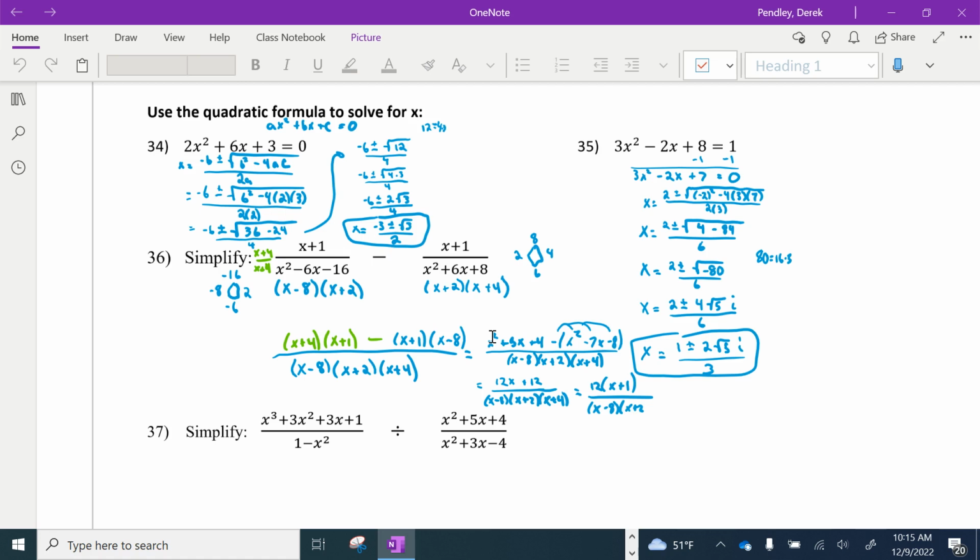So that is my final answer: 12 times x plus 1 over x minus 8 times x plus 2 times x plus 4, where x cannot equal 8, negative 2, or negative 4.